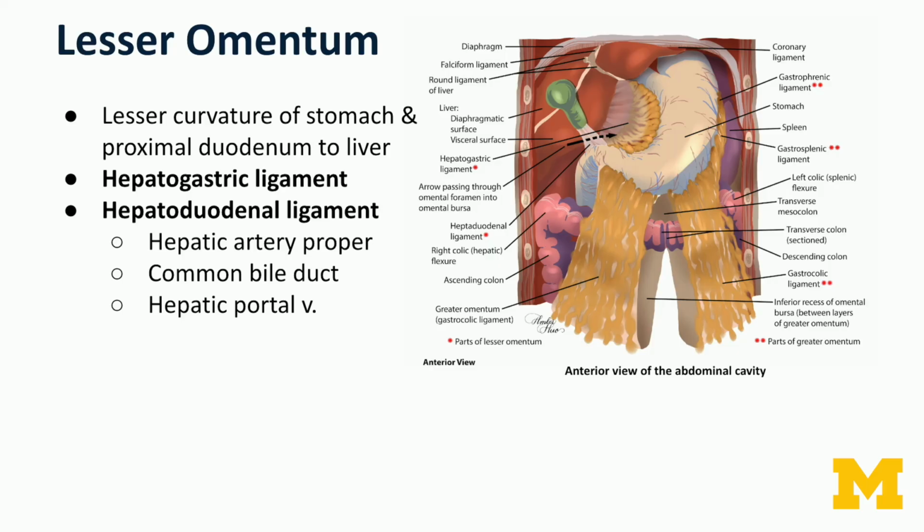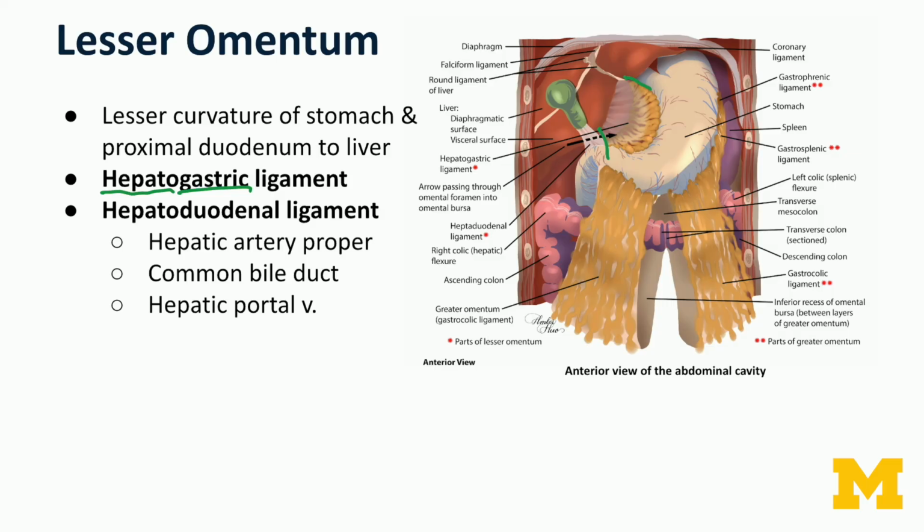The largest is that of the hepatogastric ligament. Now, let's take a moment to think about that name. Hepato means liver, gastric means stomach. So the hepatogastric ligament is going to connect the lesser curvature of the stomach to the liver.